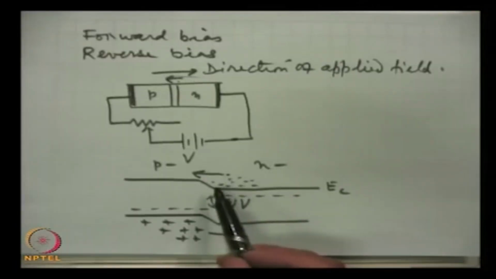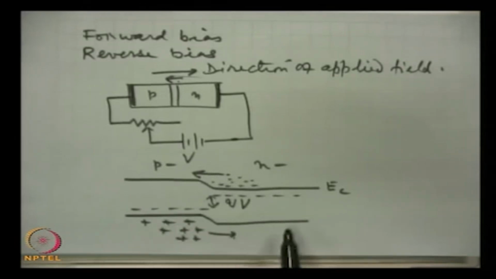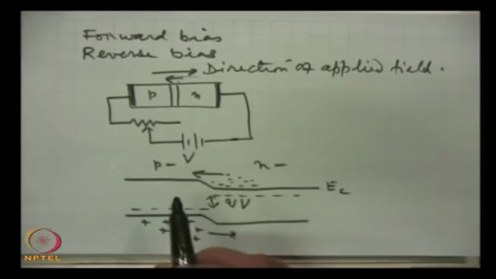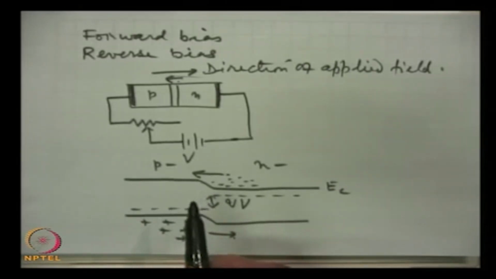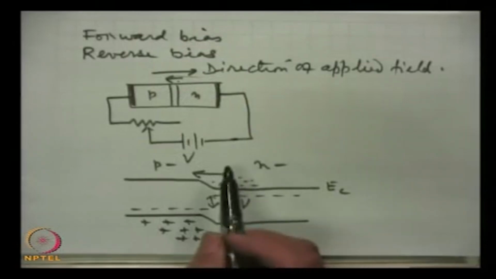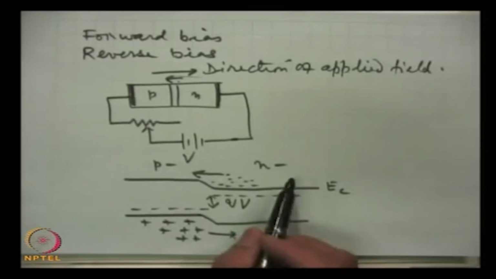The current will be mainly of these majority carriers, holes from the P side to the N side, electrons from the N side to the P side. They will constitute current in the same direction. We have said earlier that the direction of current is taken as the direction of hole motion. So, holes are moving in this direction, hence this current will flow from P towards N.